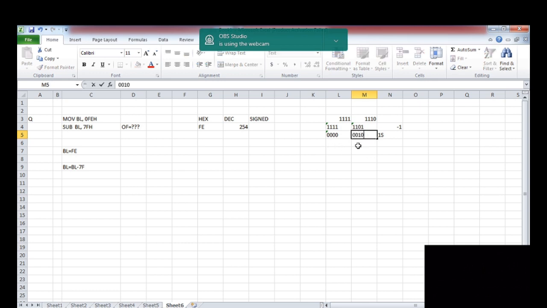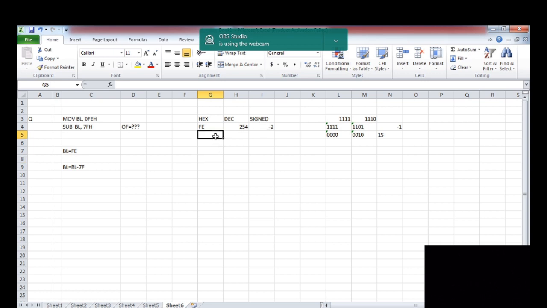So it is actually 2. So in signed arithmetic it is minus 2. In unsigned arithmetic it is 254, and in signed arithmetic it represents minus 2.